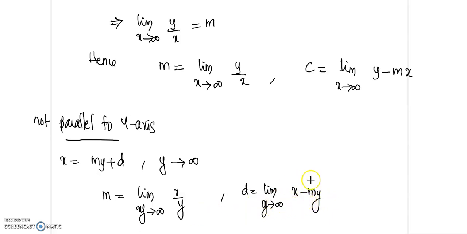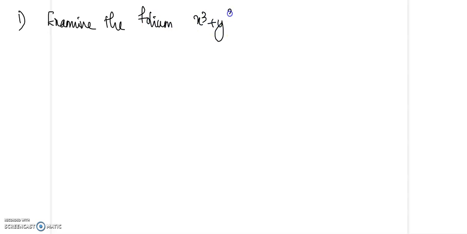Now let us look at an example of finding the asymptote for a given curve. The first example is: examine the folium x cube plus y cube minus 3axy equal to 0 for asymptotes.